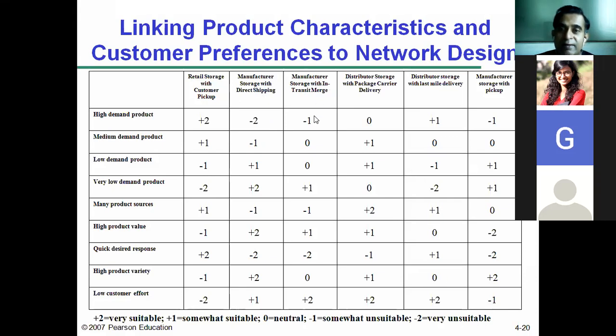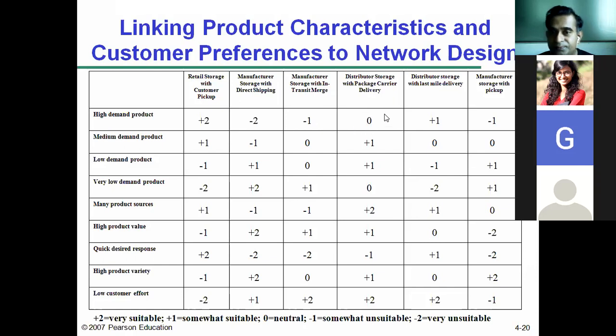Manufacturer storage with the in-transit merge is somewhat unsuitable. You can consider it as unsuitable at all. Distributor storage with the package carrier delivery is neutral. It depends again. If the package carrier can consolidate the orders and bring down the transportation cost, then it is suitable. If consolidation is not possible, then it is not suitable.